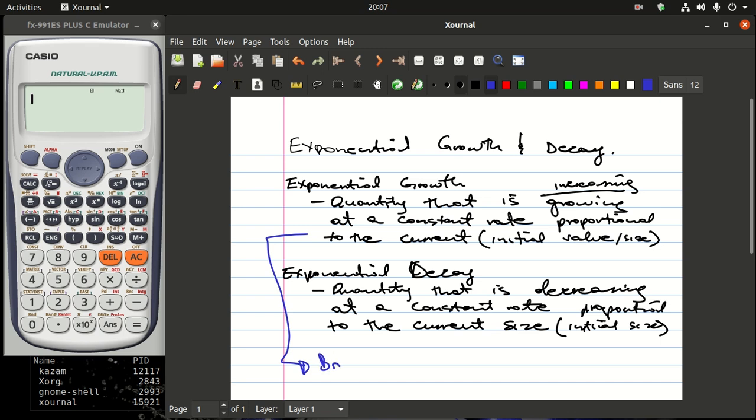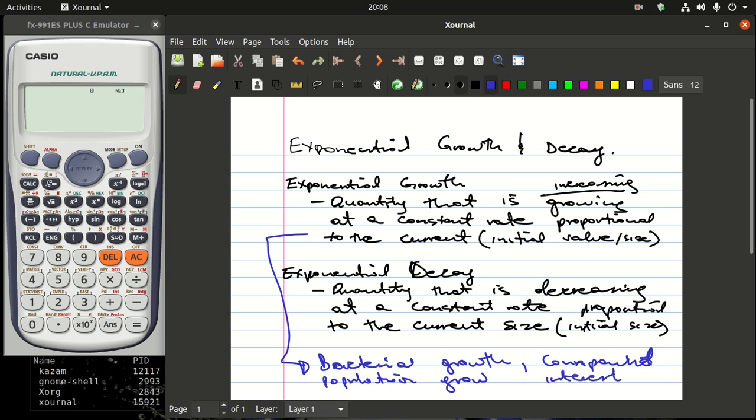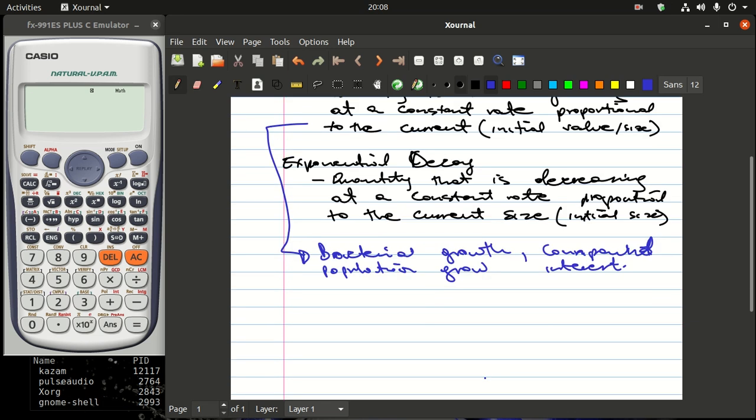You can be having a bacteria growth, you see the application there, or population growth, or when you are having compound interest. Bacterial cells grow proportional to the size, or you have a certain population that is growing, or you have compound interest, where your money is growing.